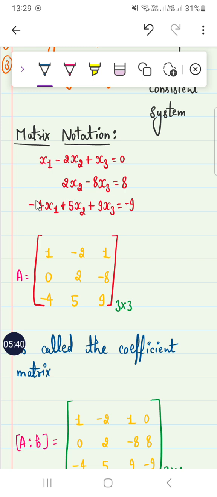So we have a representation in matrix form, which is A equals, the coefficient of this is 1, of this is -2, of this is 1, of this is 0. The first term is 0, so we take 0. The second term is 2 and the third term is -8. -4 is the coefficient term, and 5 is the x2 coefficient term, and 9 is the coefficient term of x3. Because these are the coefficients, this matrix is called the coefficient matrix, right?